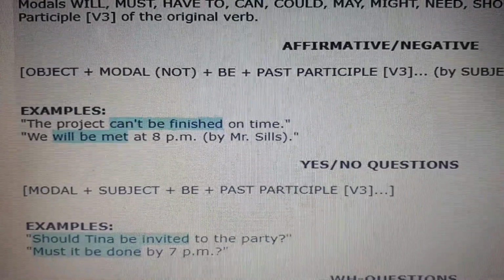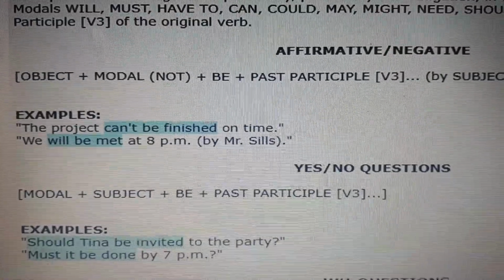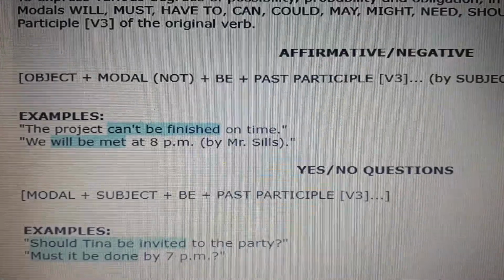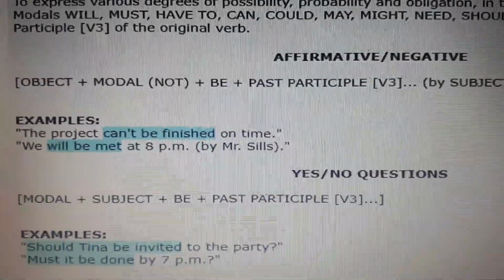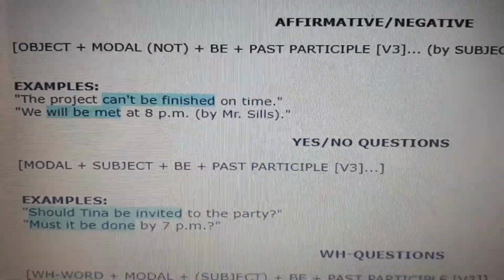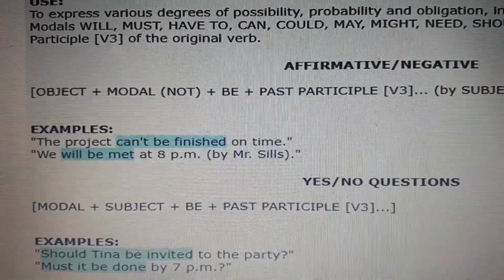But to see if it is can or will or should or etc., you need to understand the meaning of the statement. If it is something of ability, it's can. If it is something of obligation, it could be should or must or have to.